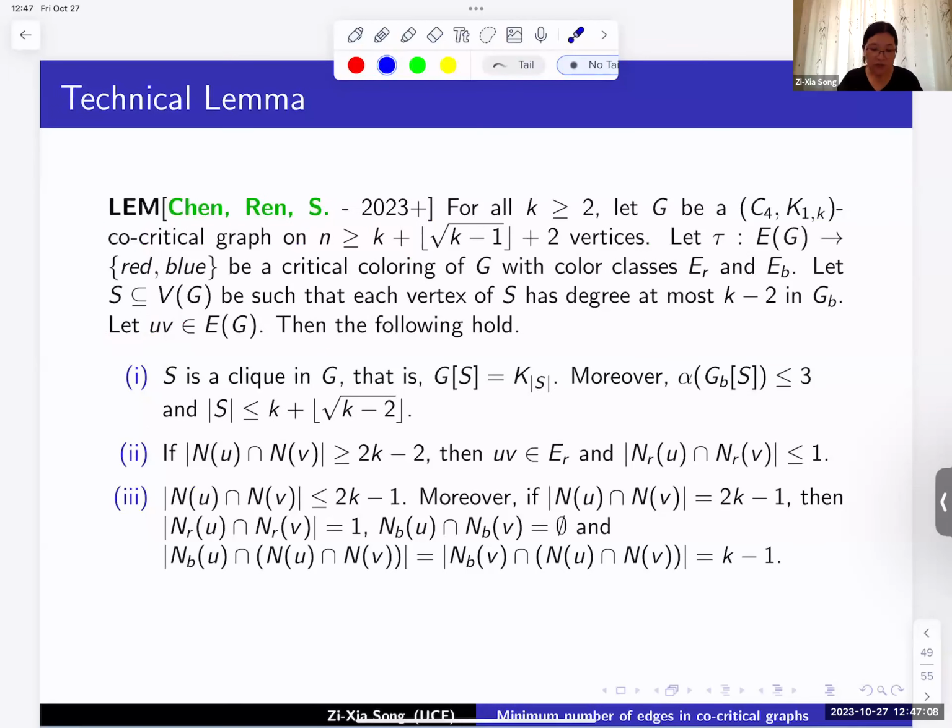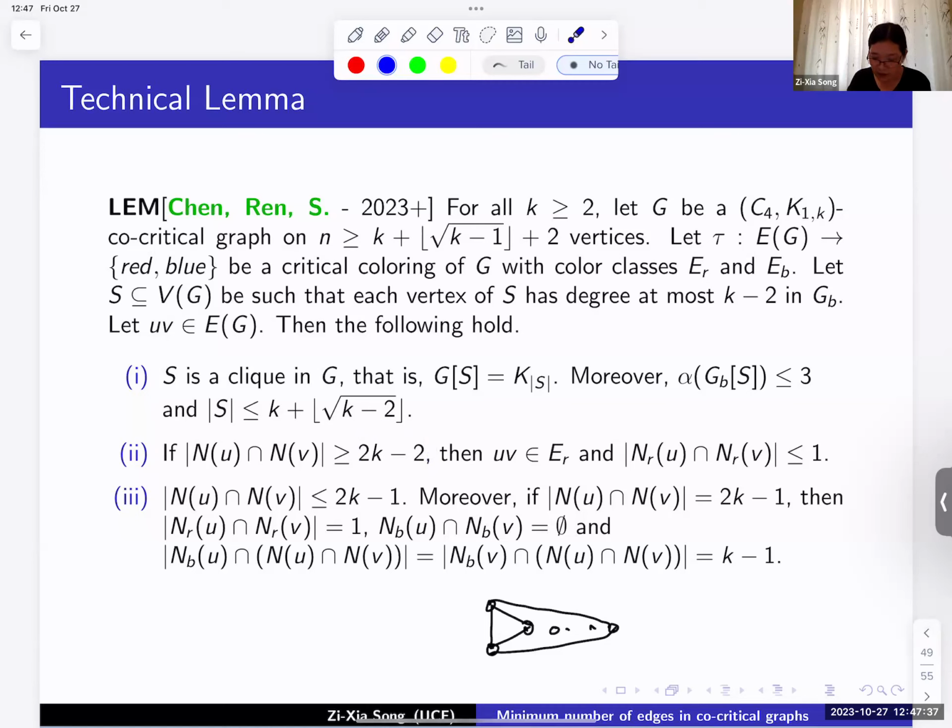Now you need to have some technical lemma. One thing you would like to know here: if an edge belongs to many triangles, how many triangles can it have if I don't have a blue star? The number of common neighbors you can have is at most this.